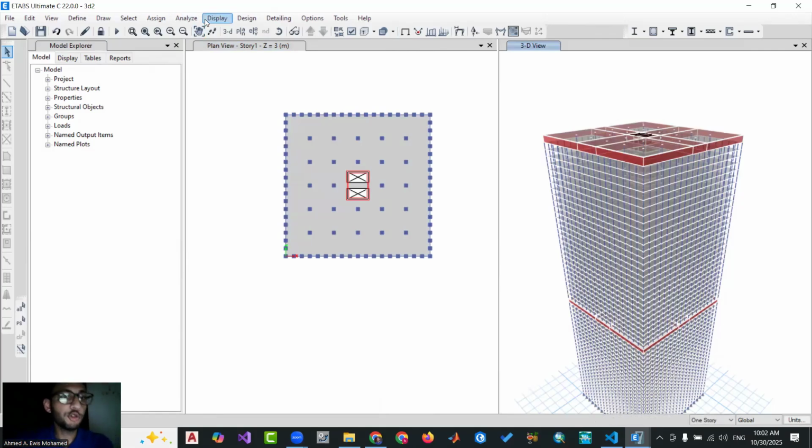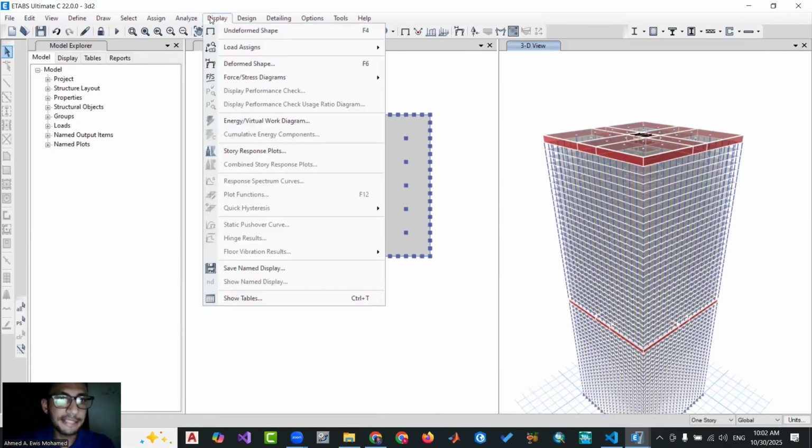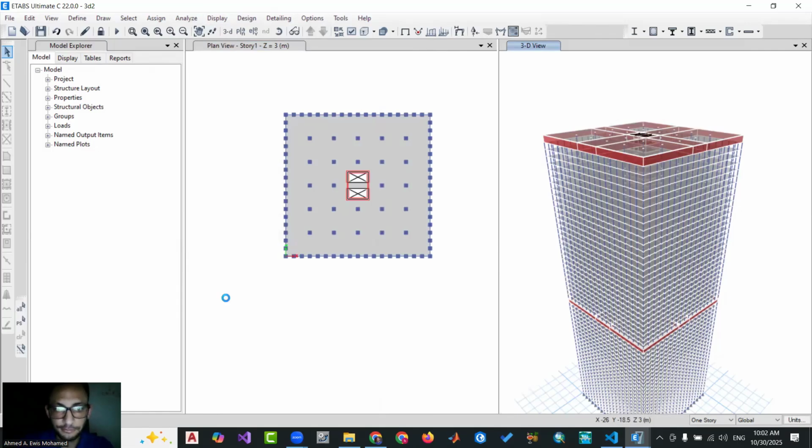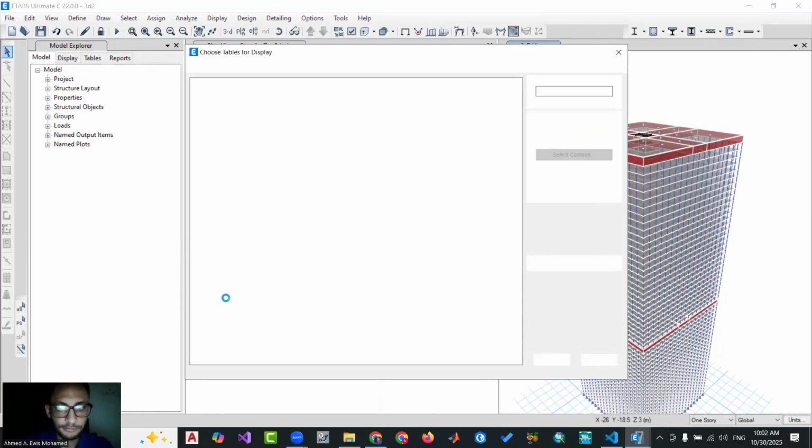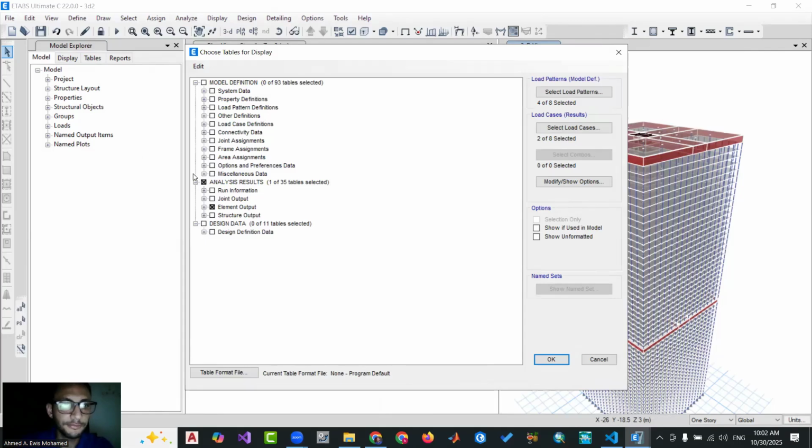go to display, and this menu is very important for tall buildings. Show tables. Here you can get your results in tables instead of showing the values on the graphical user interface.